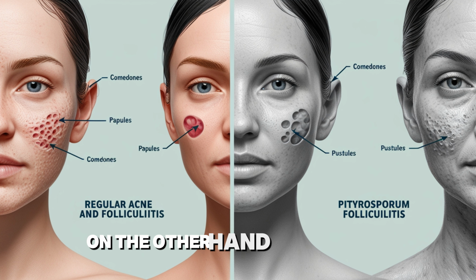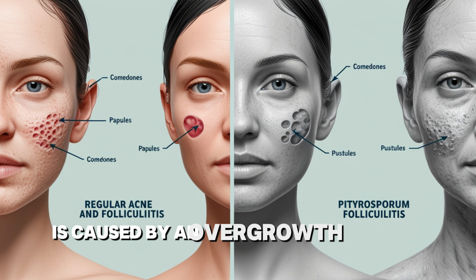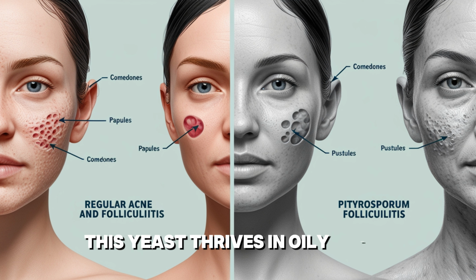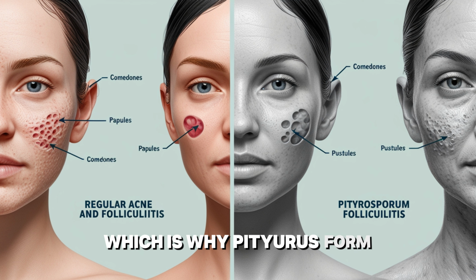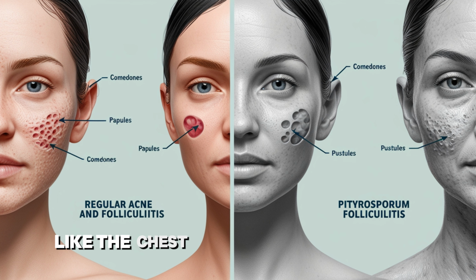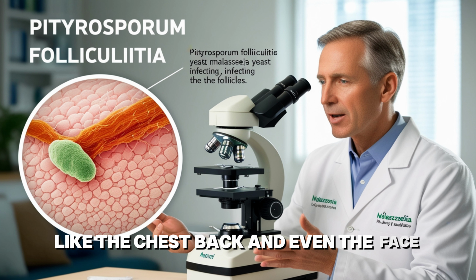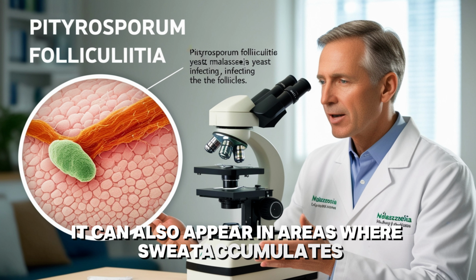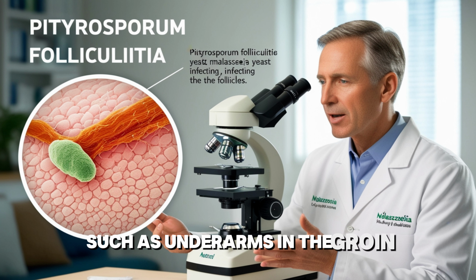On the other hand, fungal acne, or Pityrosporum folliculitis, is caused by an overgrowth of a type of yeast called malassezia that naturally lives on our skin. This yeast thrives in oily areas, which is why Pityrosporum folliculitis often appears on areas with high oil production like the chest, back, and even the face. It can also appear in areas where sweat accumulates, such as underarms and the groin.